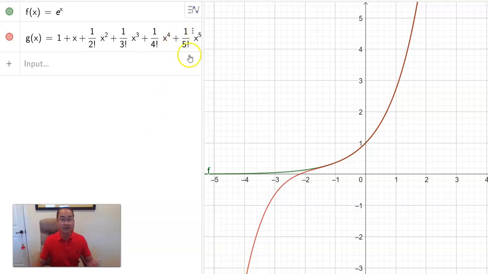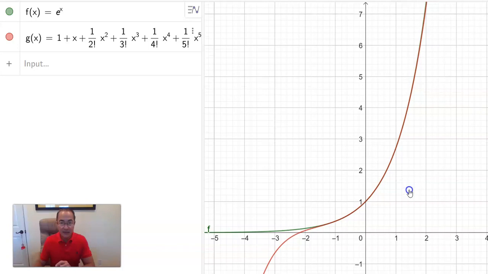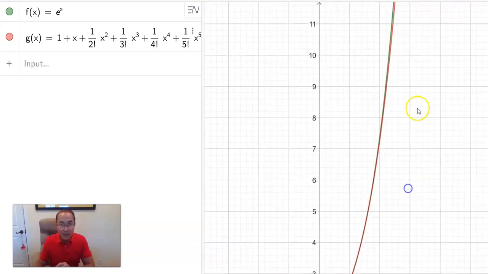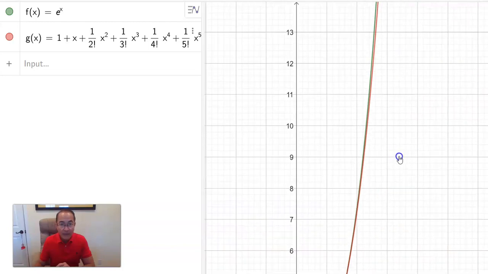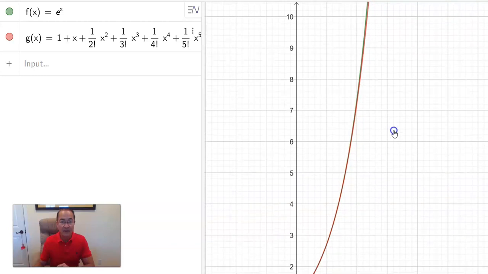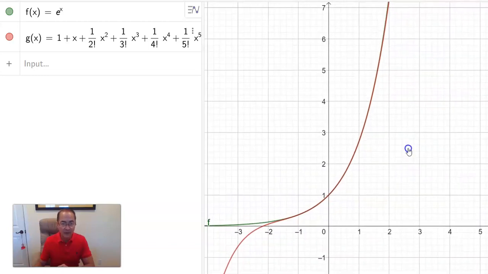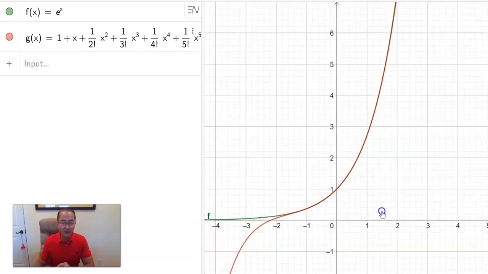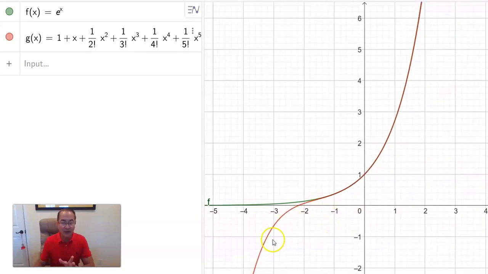You have a positive coefficient there. And oh, look, my goodness. Wow. You can barely tell them apart until about 2. On the left, before -2, it starts to split off.